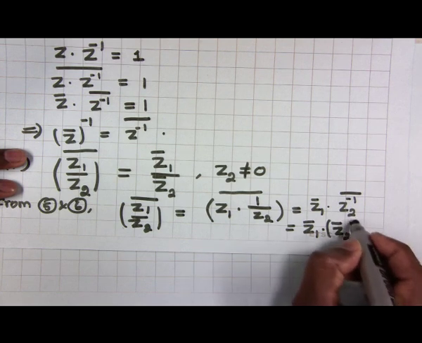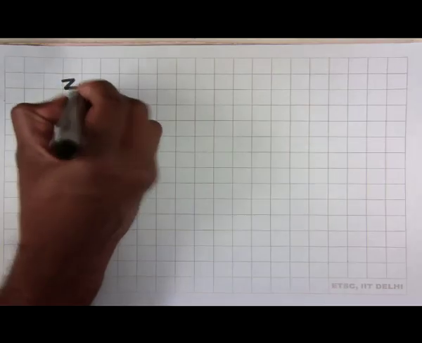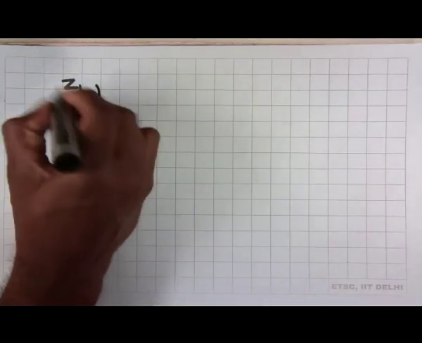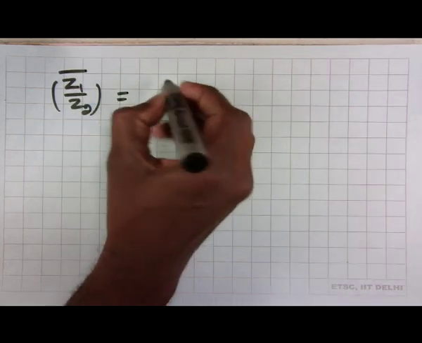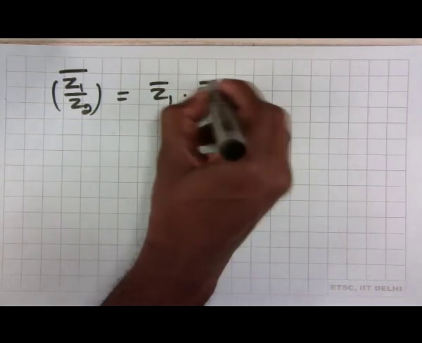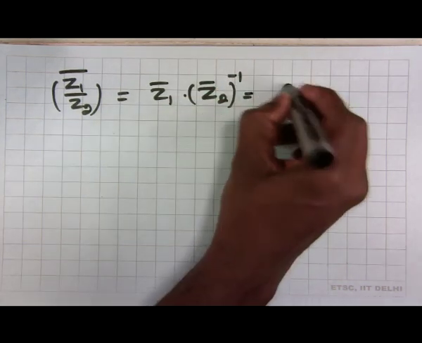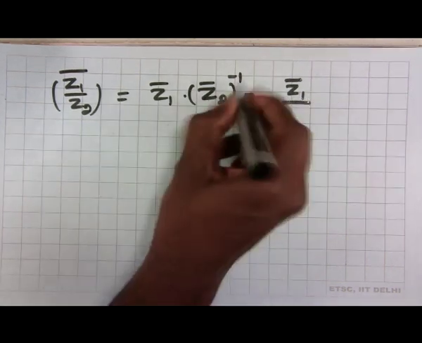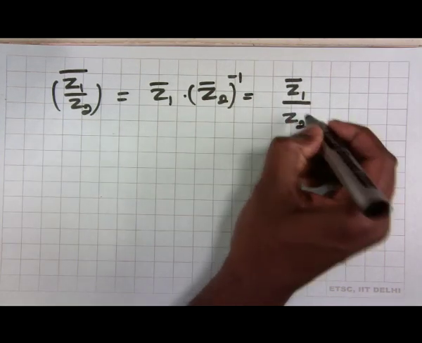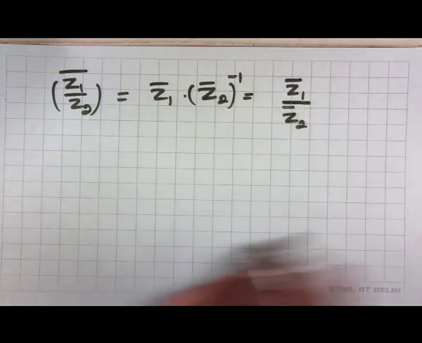Let me repeat that: finally what we concluded is z1 bar into the inverse of z2 bar. As I mentioned, the inverse factor we write as 1 by z2 bar.